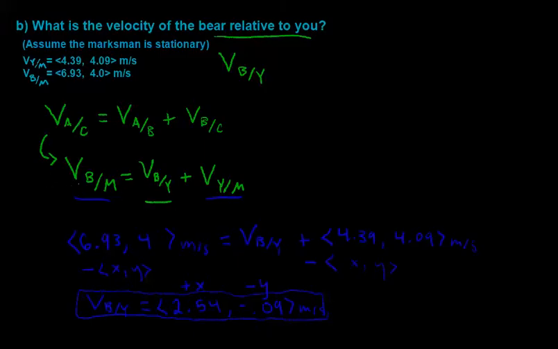And just remember that if we ever wanted the magnitude of this velocity, instead of the vector value, the magnitude of any vector is equal to the square root of its x component squared plus its y component squared.